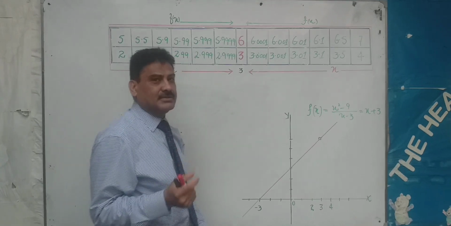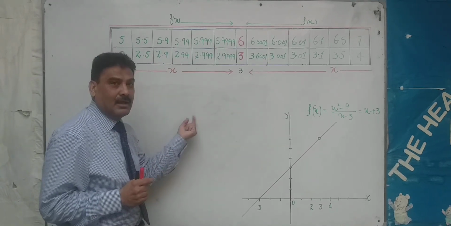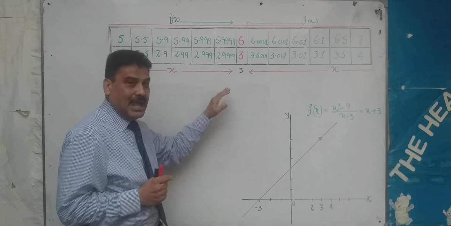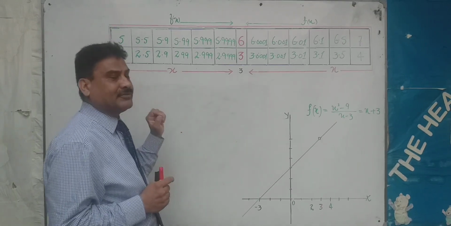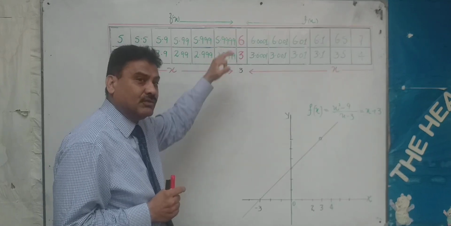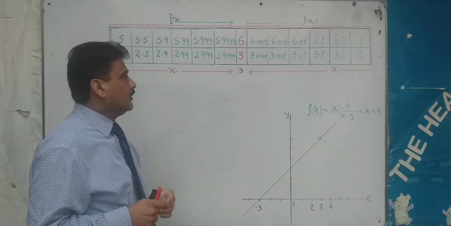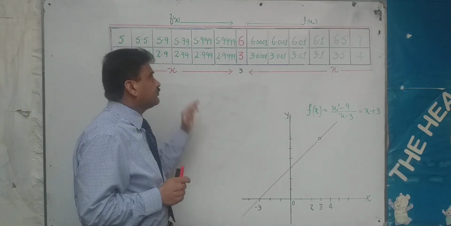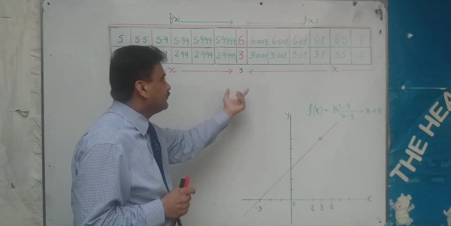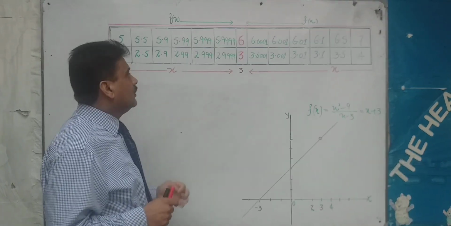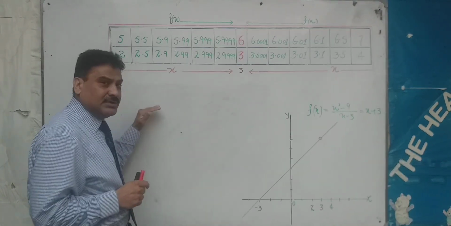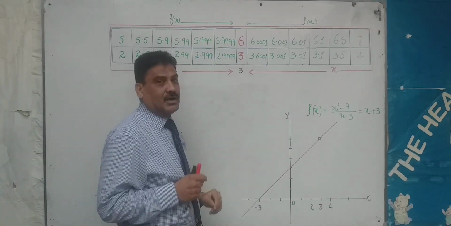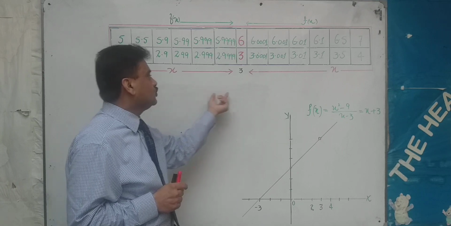That is, if we choose x close enough to 3, we can force f of x to be as close to 6 as we wish. From this we conclude that 6 is the limit of the function as x approaches 3.